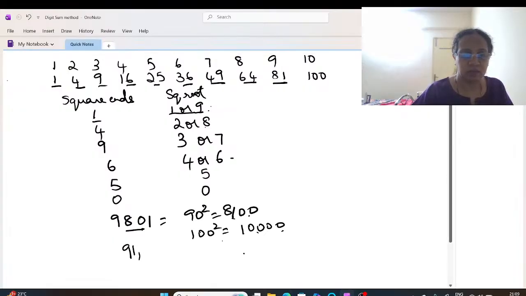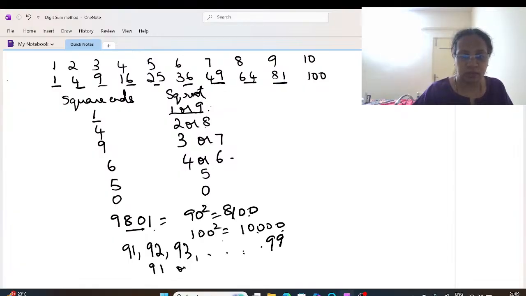So the square root will lie between 91 and 100. 91, 92, 93 up to 99. Now since it ends with 1, it can either be 91 or 99. Now since 9801 lies closer to 10,000, its square root is 99.